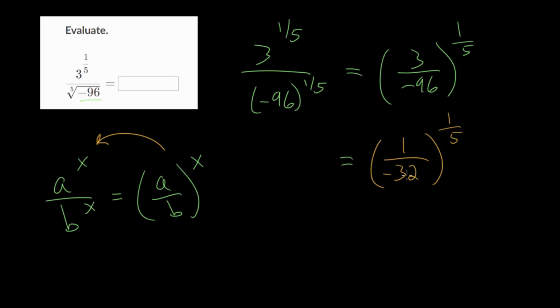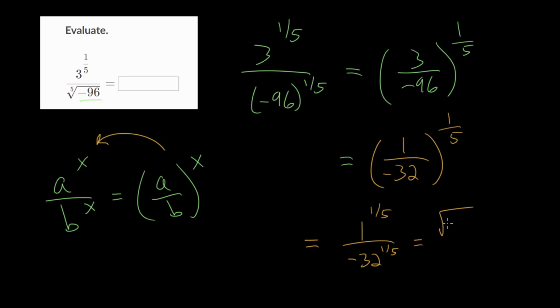So now we have a quotient and we have this raised to the x power, or the 1/5 power here. So we can take the numerator and denominator of this quotient and raise that to the 1/5 power. So we have 1 raised to the 1/5 power and minus 32 raised to the 1/5 power.